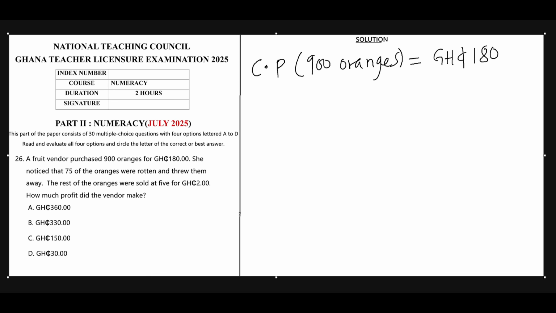She noticed that 75 of the oranges were rotten and threw them away. And then the rest of the oranges were sold at 5 for 2 Ghana cedis. So if 75 of the 900 oranges were rotten, let's calculate the remaining number of oranges.